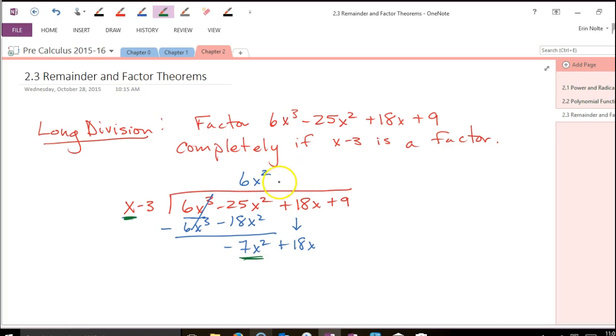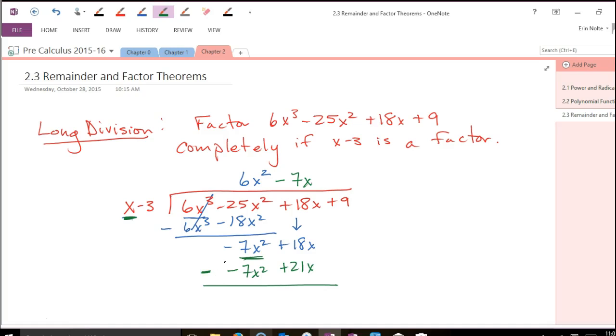Negative 7x. So I put negative 7x on the top, and then I multiply that through. Negative 7x times x is negative 7x squared. What's negative 7x times negative 3? 21x. Good.